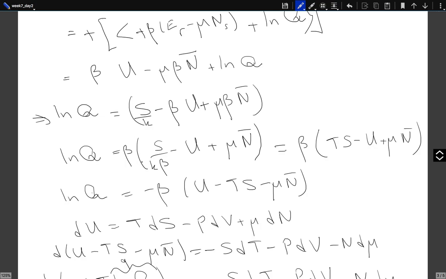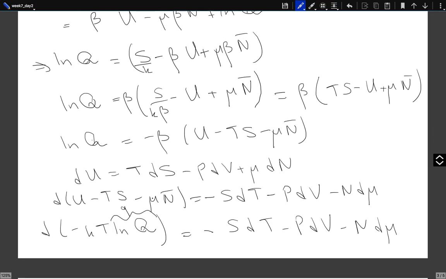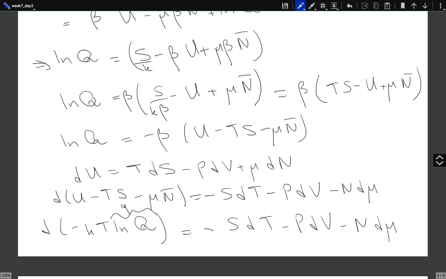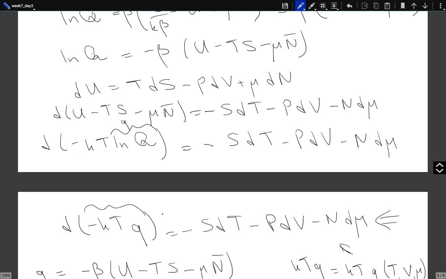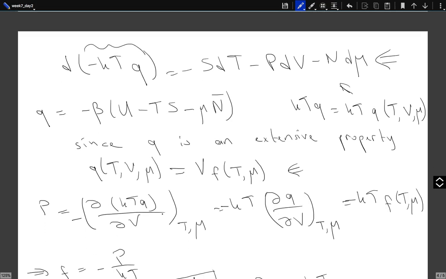So this is our logarithm of q, so it's beta ts, there's a minus beta over here. du minus ts is just this one over there. u minus ts is minus kt logarithm of q. Oh, here there's this sign mistake.